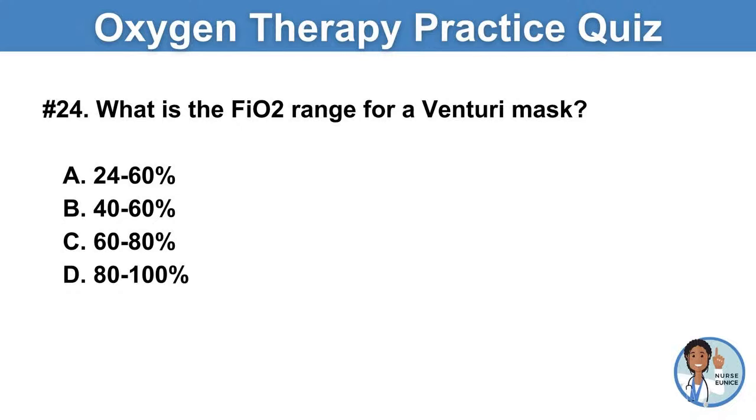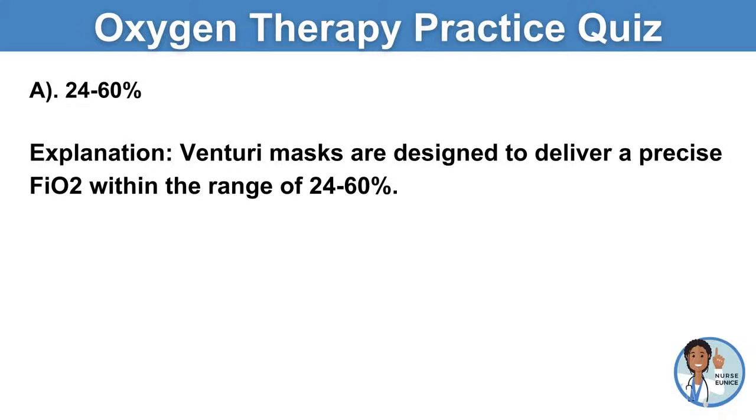I think I saw the answer. Will and Jane have the correct responses. So yes, it is 24 to 60%. Remember, it has the various size valves. If you want to deliver the lesser amount of oxygen, you would select the valve that says 24% and connect it to the mask.